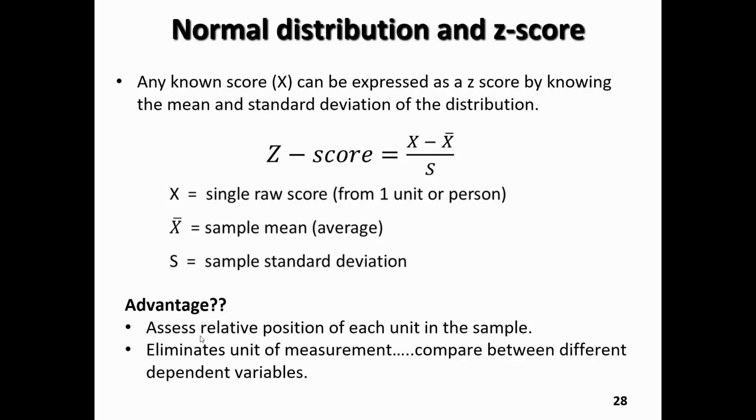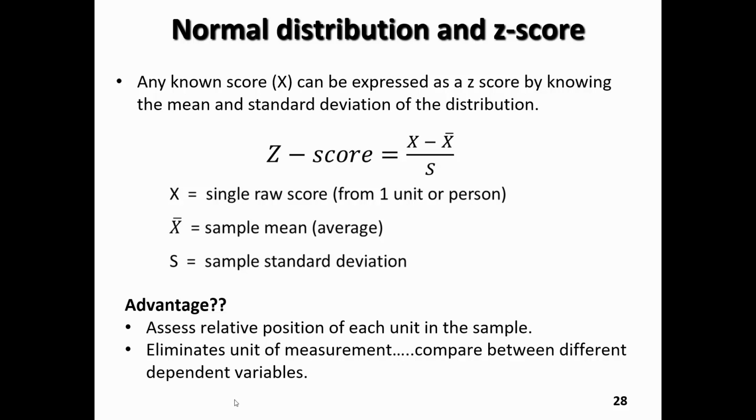The first advantage is that it assesses the relative position of each unit in the sample. Because it's calculated relative to the average, it allows the identification of where each score resides with respect to the average, whether it's below average or above average, as well as how close or far away it is from the average.